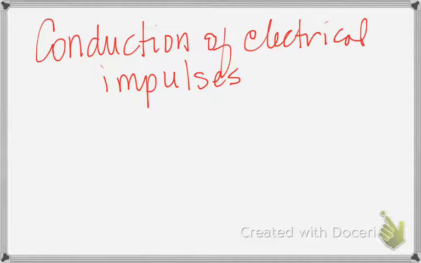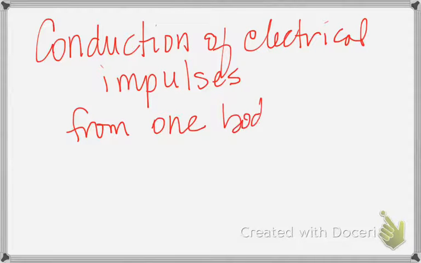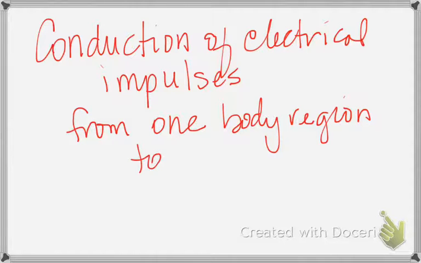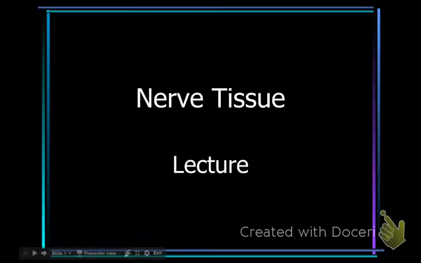And so they conduct these electrical impulses from one part of the body to another, so one body region to another. And this is how your body communicates. Your brain will communicate and give instructions out to the rest of your body, and then your body communicates back to your brain and sends information back.